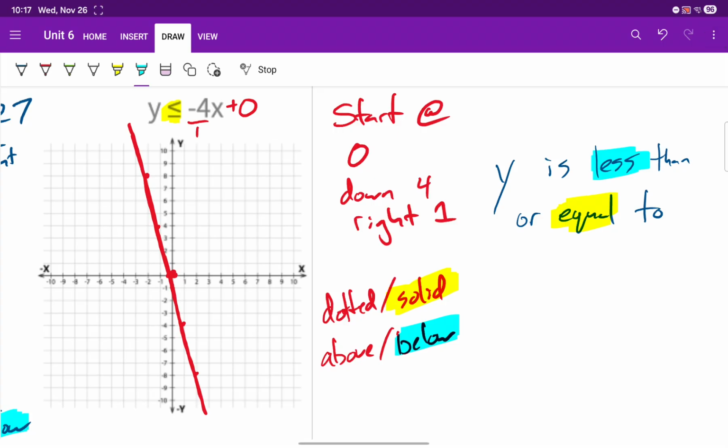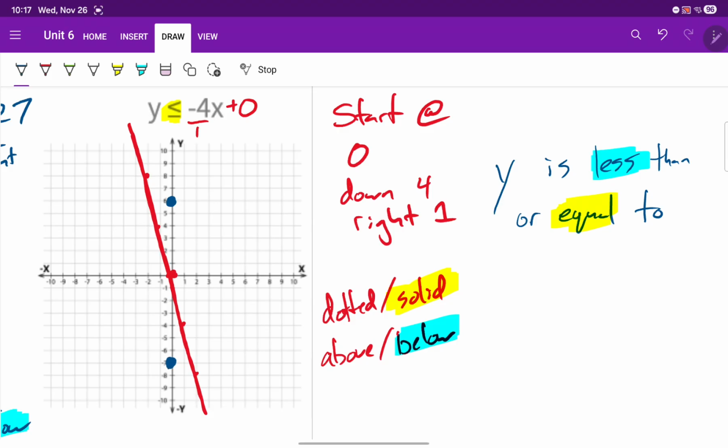Now, where are points below the line? This one's interesting. Okay, where are points below the line? I'm going to put a point here on the y-axis, and I'm going to put a point down here on the y-axis.